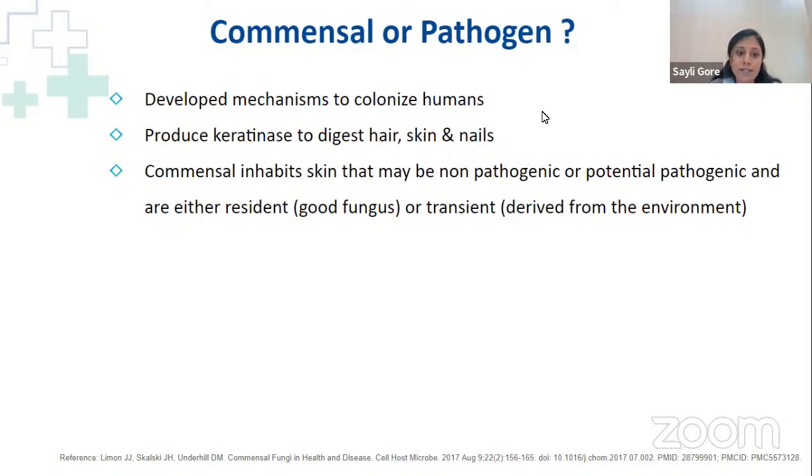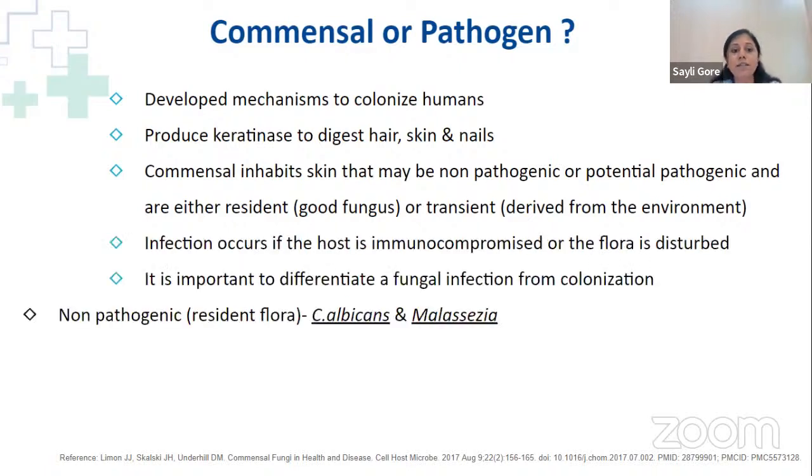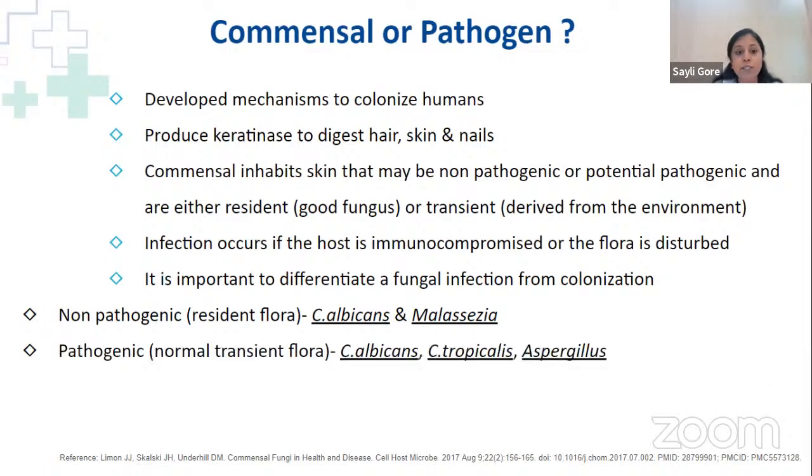Commensals are either residents or transient. Residents are the ones that are present on us since birth, like Candida albicans and Malassezia. They are not at all pathogenic but symbiont in nature. There are other fungi which are transient normal flora.